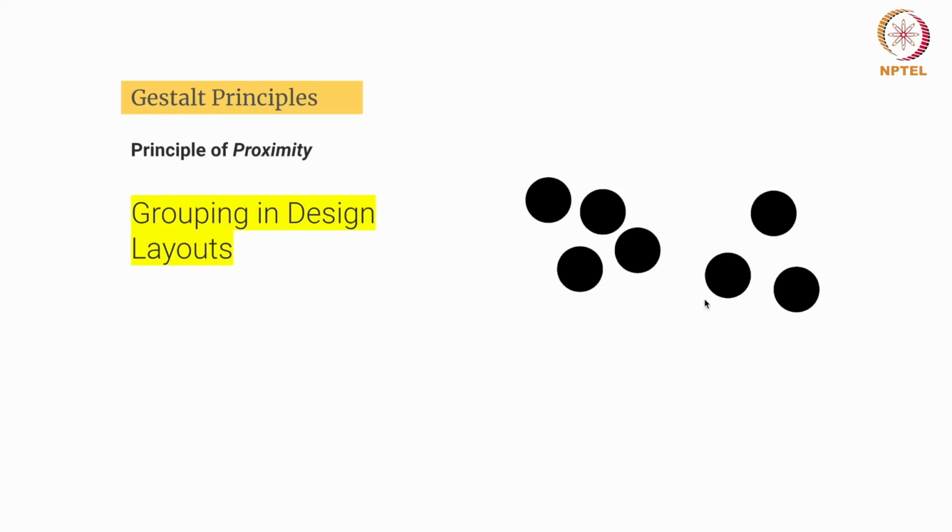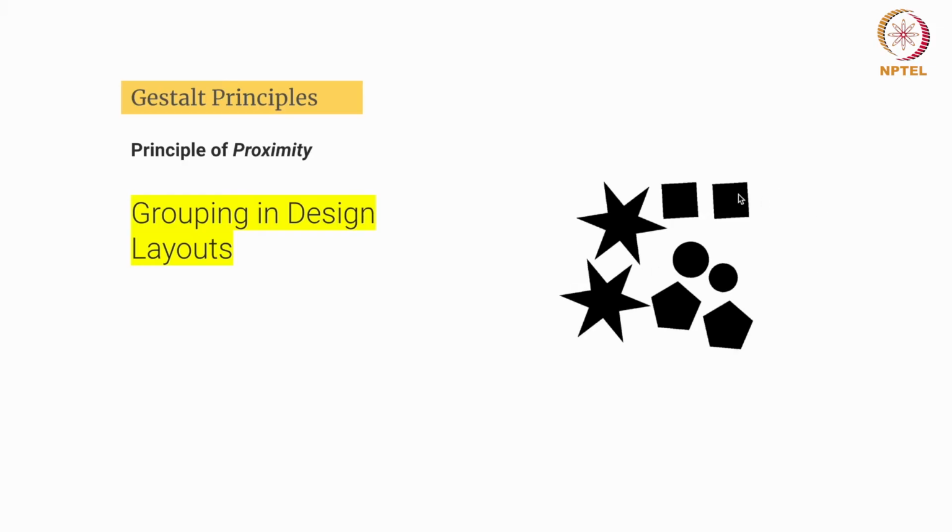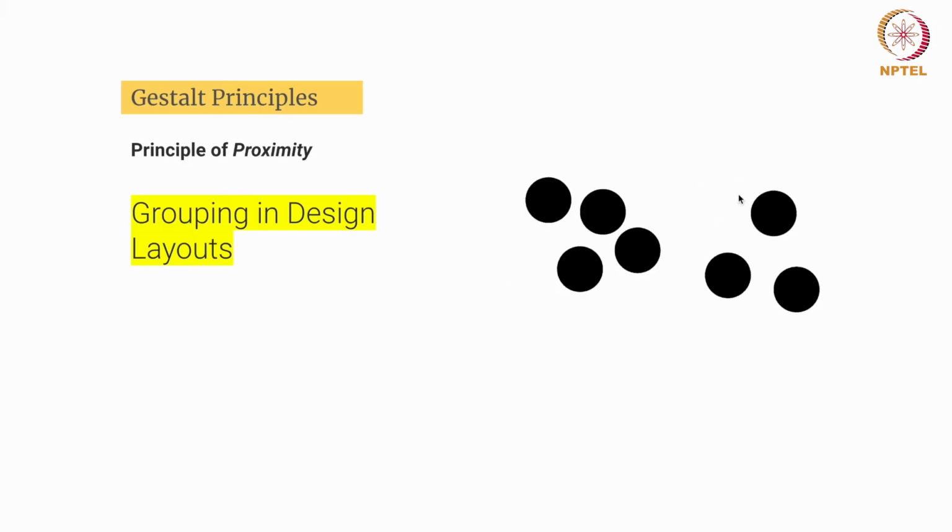Now, if we change the position of one of the circles from here to here, your brain will automatically perceive it again: these three circles fall under one group and these under the other group. It is very interesting how our brain quickly creates that segregation, irrespective of how you are narrating the story. Based on the visual representation, it impacts a lot how we perceive.